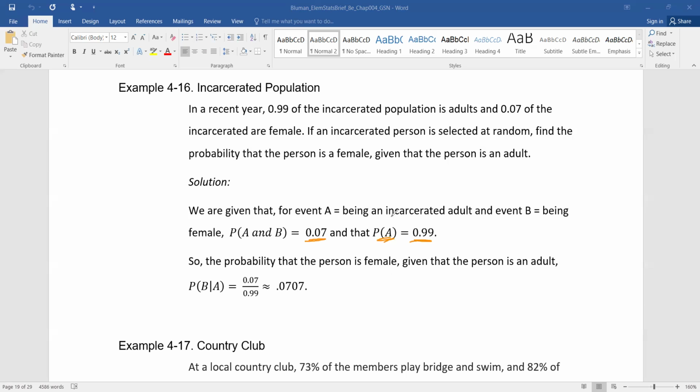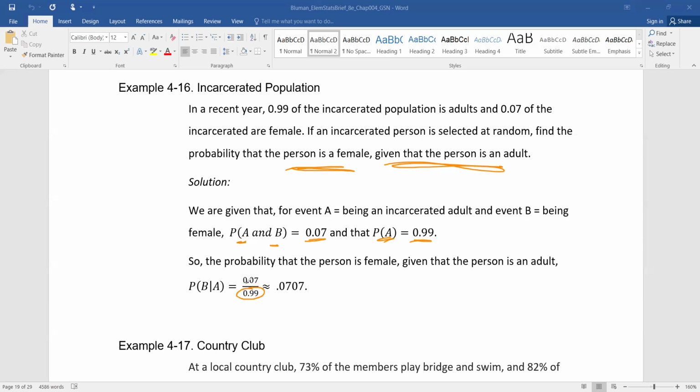Again, when you find the probability that the person is a female, given that they're an adult, instead of looking at the entire population, we're only going to look at the portion of the population that are adults. So 0.99 would actually go on the bottom. That's the event A happening, they are an adult. Now the probability that they're an adult and they are female, if they're both an adult and a female, that would be what goes on top, which is 0.07.